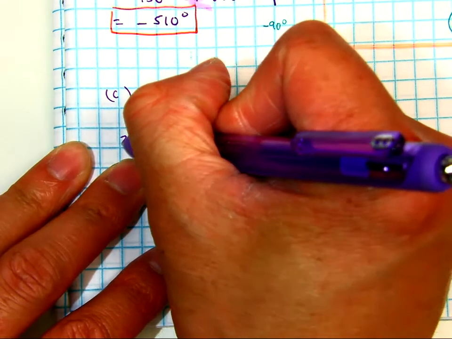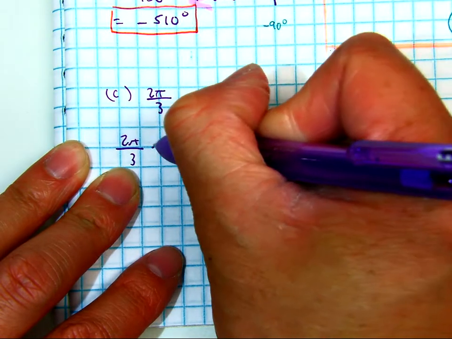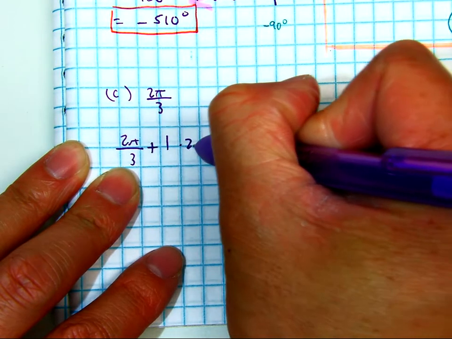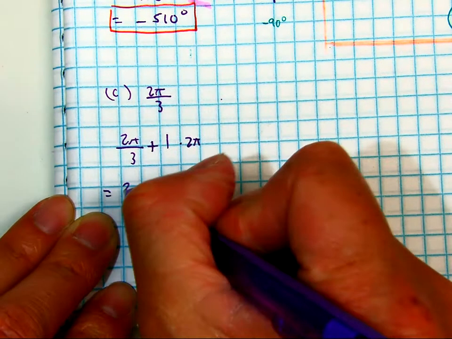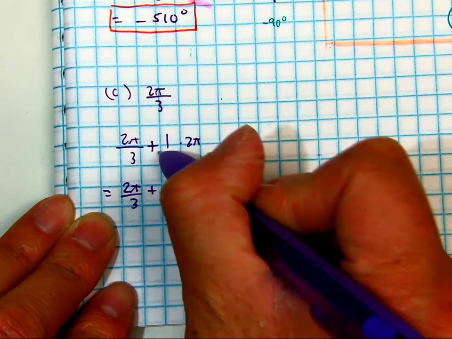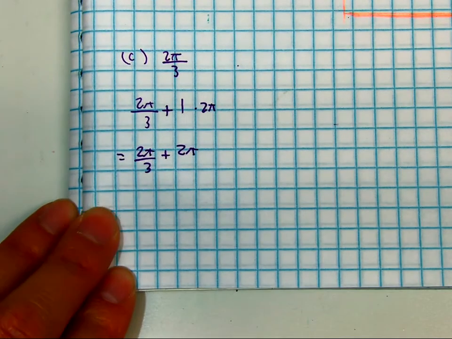So I'm going to do 2 pi over 3 plus 1 times 2 pi, because this is one positive rotation. So I get 2 pi over 3 plus 1 times 2 pi is 2 pi. Class, can I say the answer here is 4 pi over 3?